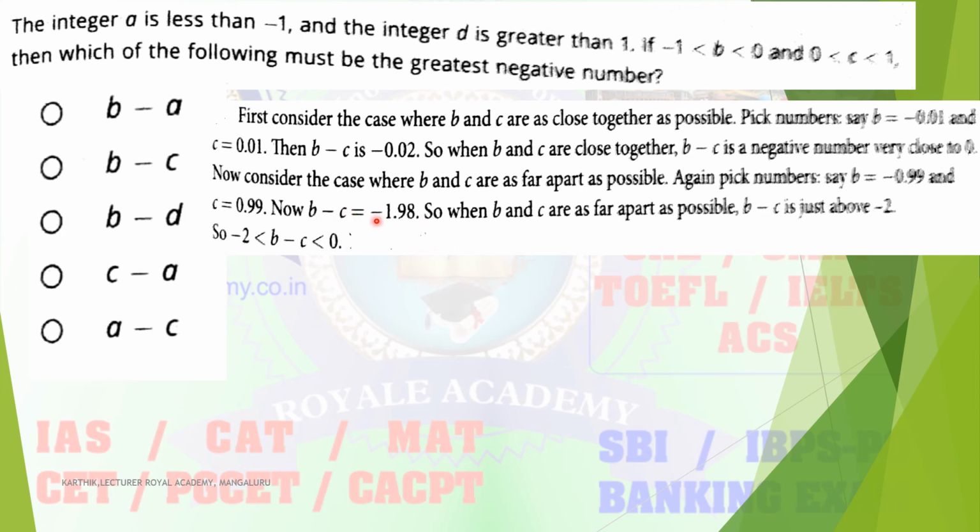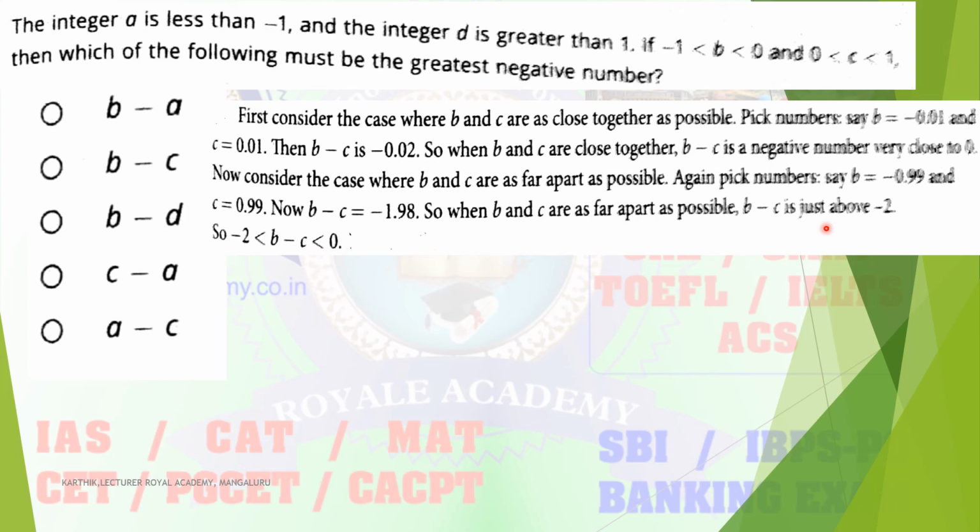Substituting, you get -1.98. So when b and c are as far apart as possible, b minus c is just above -2, close to -2. So -2 is the greatest value.